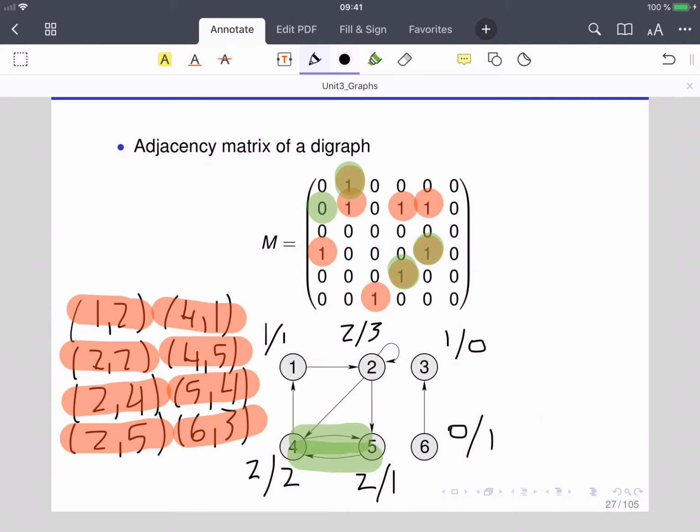Okay, and remember that the total degree of a vertex is the sum of the in degree plus the out degree. Okay, so in the case of 1 this is 2, in the case of 2 this is 5, and so on. Okay, so how can we get this information from the matrix, from the adjacency matrix?